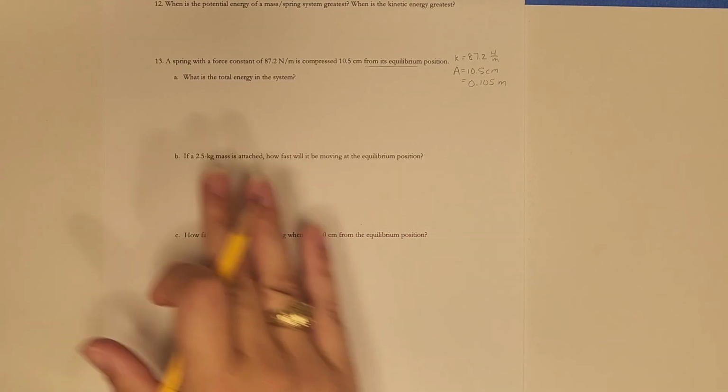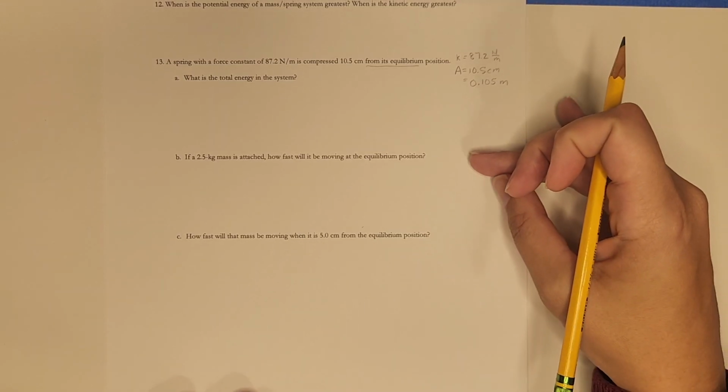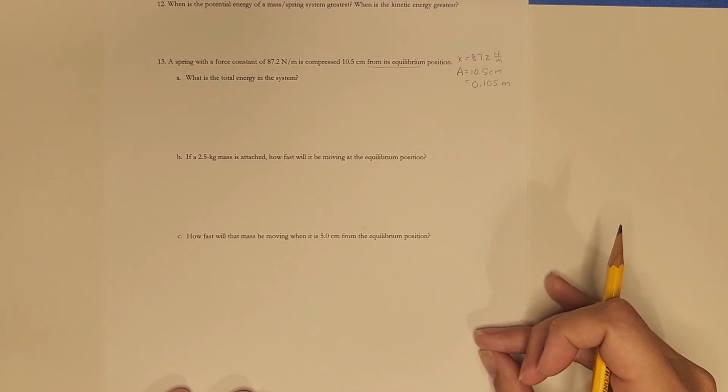So now for the actual question part of this, what is the total energy in the system? So as we just discussed, when we are at the amplitude point of the spring system, then all of the energy is in the potential energy there.